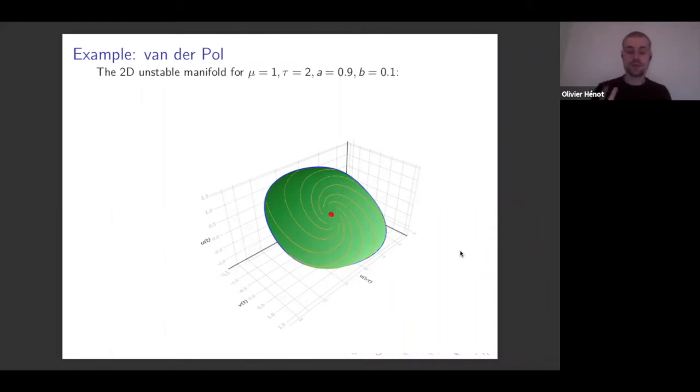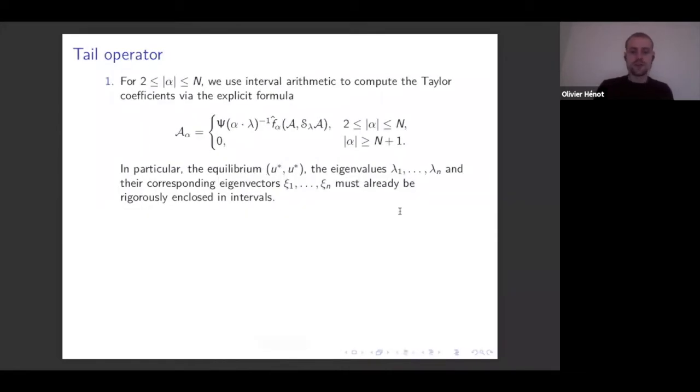So you have two options. Because you're dealing with an explicit formula for the Taylor coefficients, you can use a tail operator. So you use interval arithmetic to compute the Taylor coefficients so that you have a precise enclosure of them. It's very important that the equilibrium, the eigenvalues, and the eigenvectors, you have previously enclosed them rigorously, right?